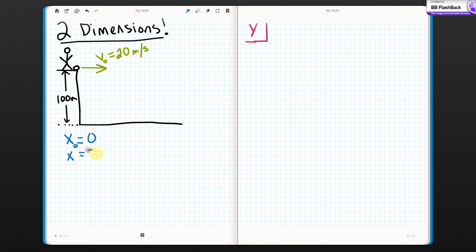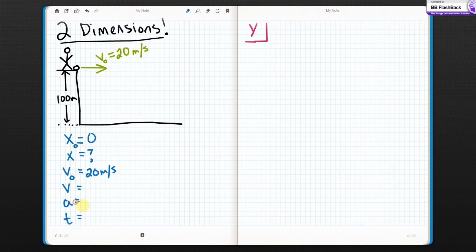I want to know how far it goes. I know its initial velocity, because its initial velocity is only in the x direction, so it's 20 meters per second. I don't know, well, I will in a second, its velocity at time t. I also need a, and I need t.